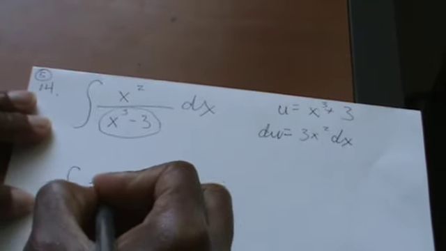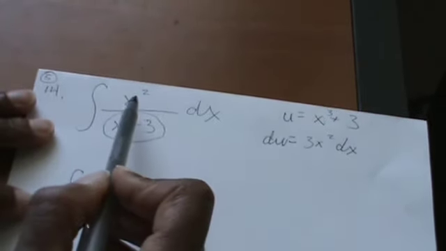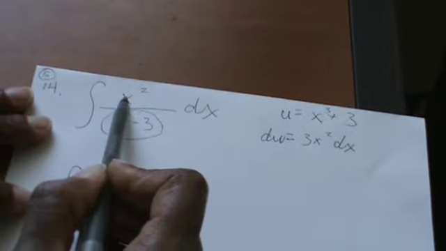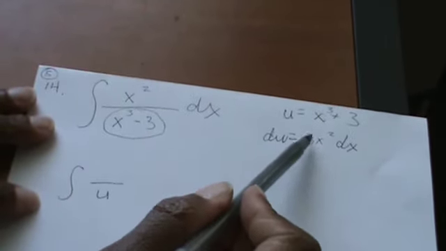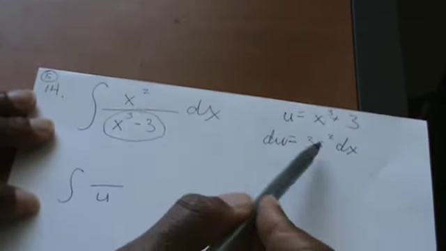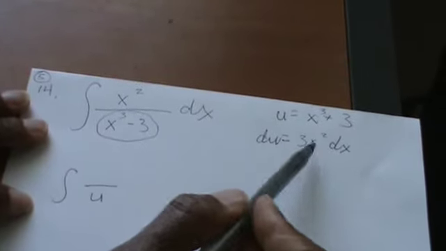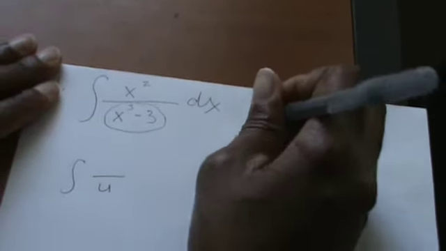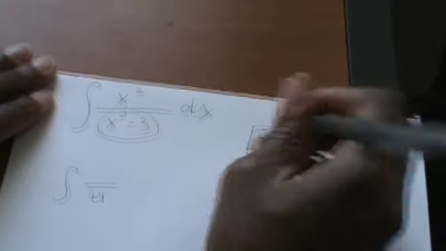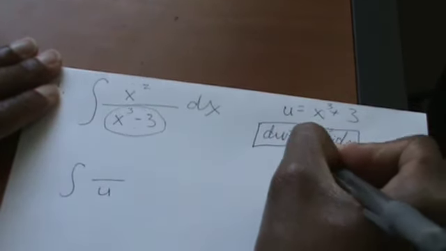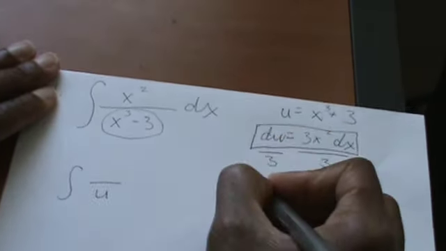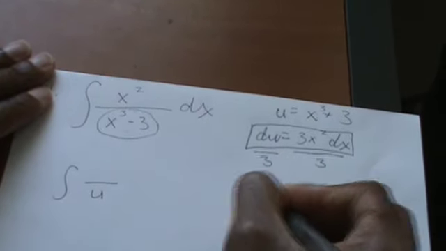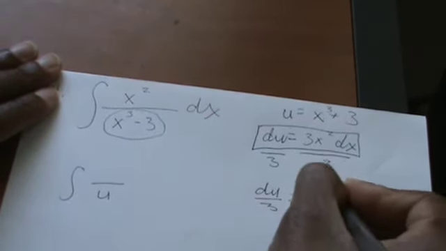There's a u here. Now here's where things get interesting, because you'll notice all I have is x squared and dx. Over here I've got 3x squared dx. So I've got this extra 3. No worries. We put a box around that, to remind myself where I started. So divide by 3, and what do I get? du over 3 equals x squared dx.